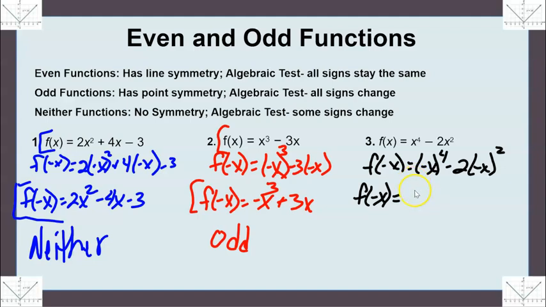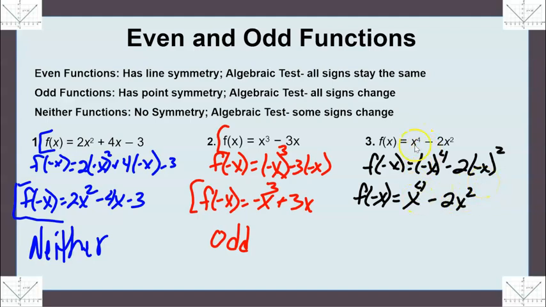That will give us a positive x to the 4th. And then negative 2 times negative x squared is going to give me an x squared times a negative 2 is going to give me a negative 2x squared.